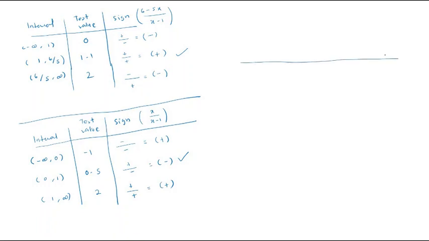On the real number line, the numbers are 0, 1, and 6 over 5. The solution from the first part is from 1 until 6 over 5. The solution from the second part is from 0 until 1.